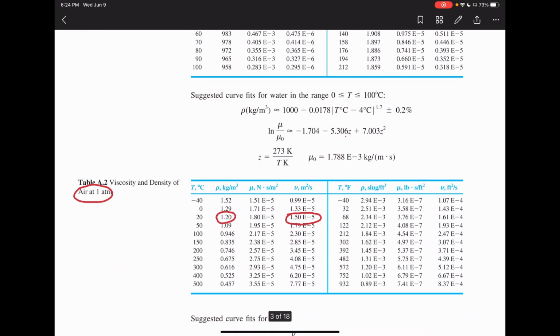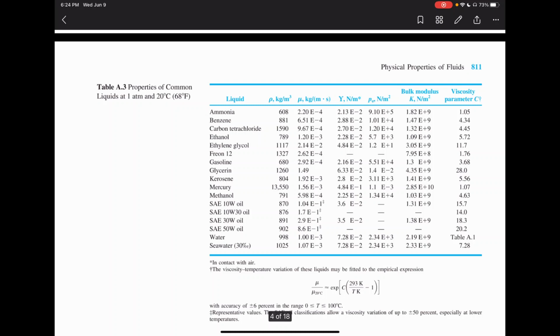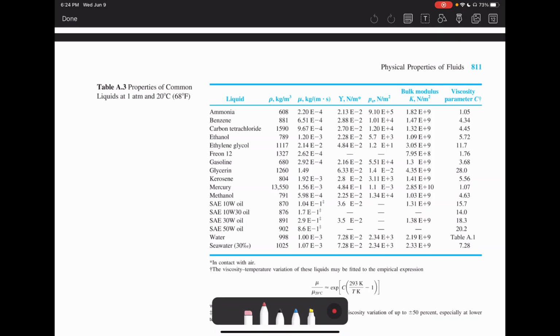From table A3, we look at seawater and find our rho and our mu. So we have 1025 and 1.07 times 10 to the minus 3. Those are our two values that we're going to use.